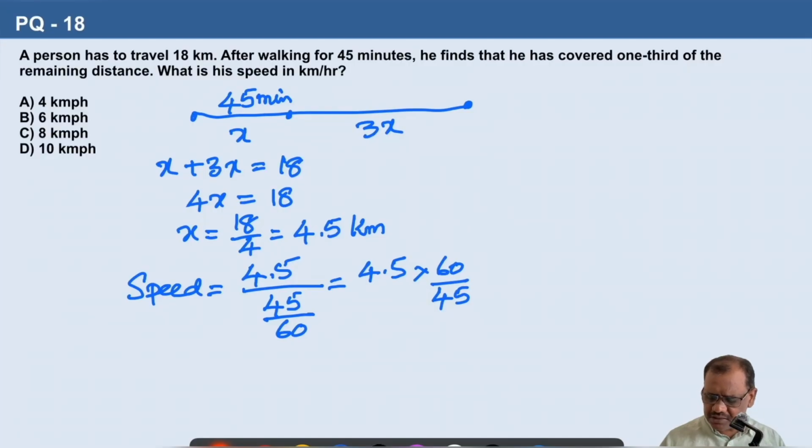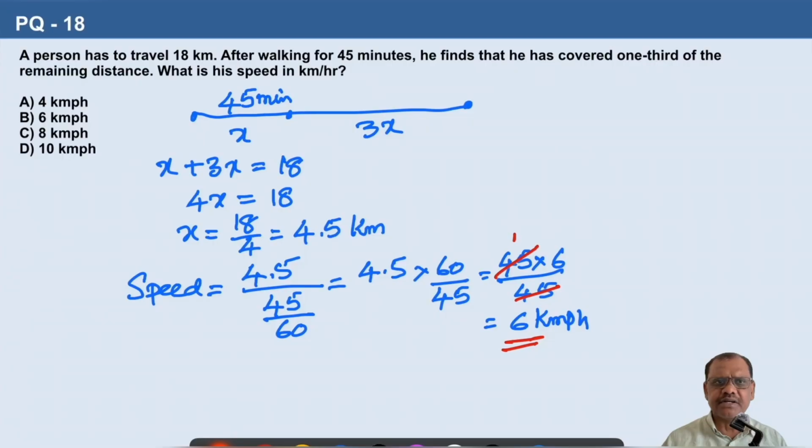So that gives us 45 into 6 by 45. So 45 gets cancelled one time and the remaining is 6. 6 kilometers per hour is the speed. Option B is the correct answer.